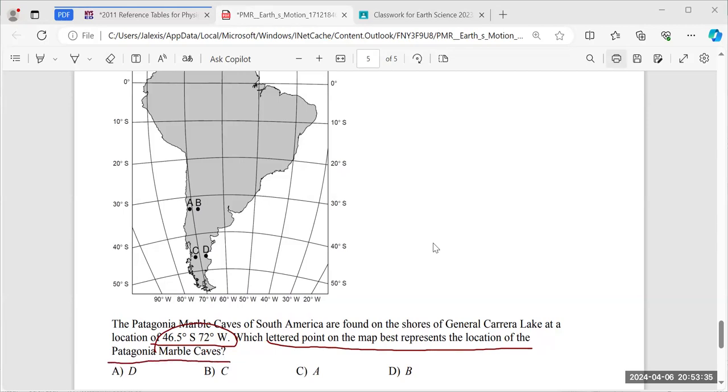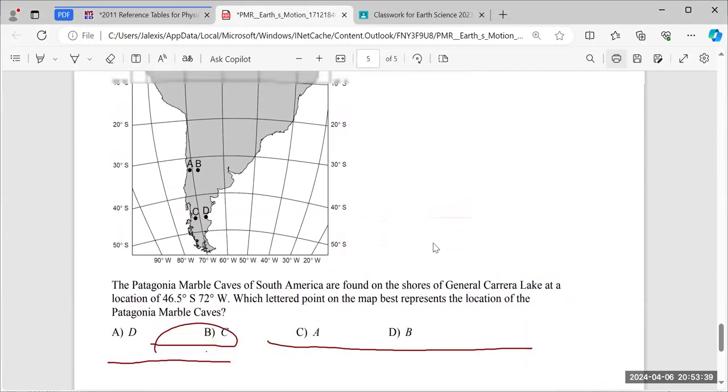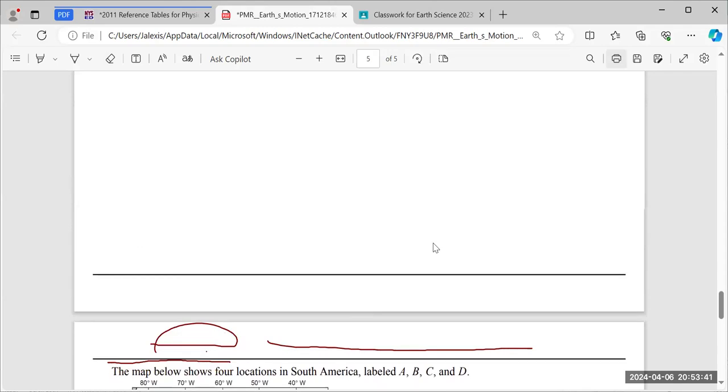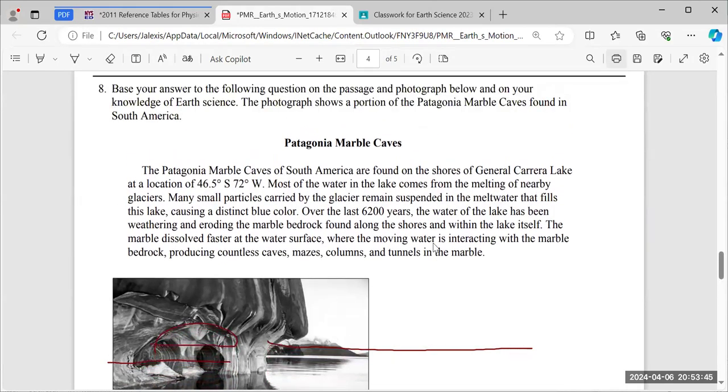Now, for this question, I did edit it, because that first sentence was actually the first sentence found in the passage. Sometimes on the regents, the question may not have that.